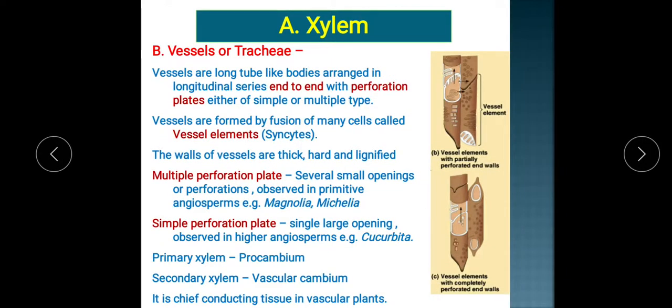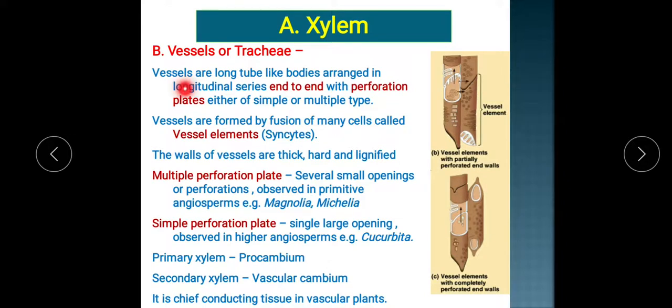Now moving towards the second type of xylem element, that is vessels or trachea. Vessels are long tube-like bodies which are arranged in longitudinal series. That means parallel to the long axis of the stem or the root.